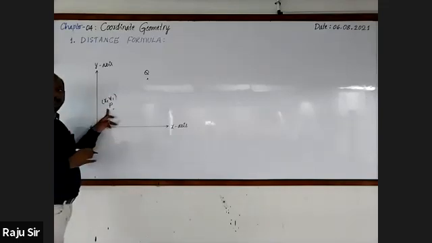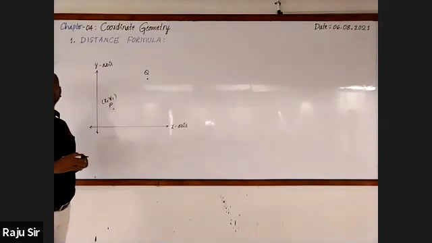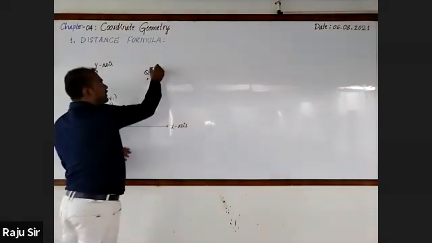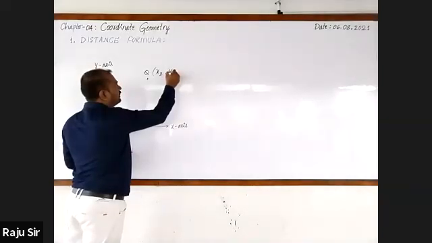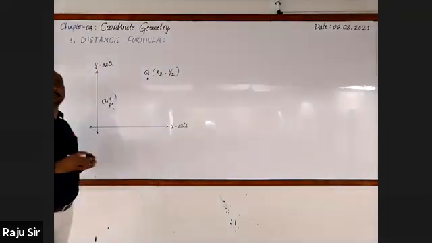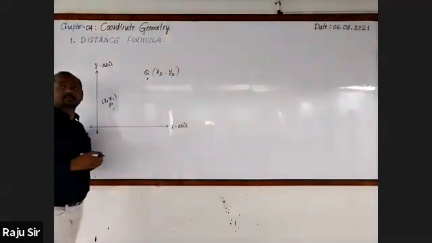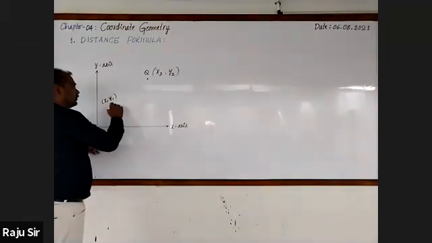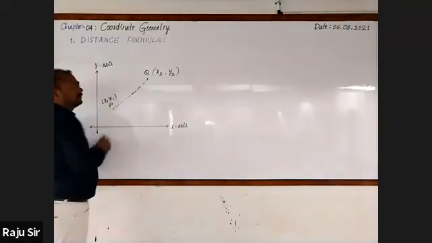Coordinates of the point P are x1, y1. Coordinates of the point Q are x2, y2. Now we have to find out the distance between these two without using the scale, with calculation.